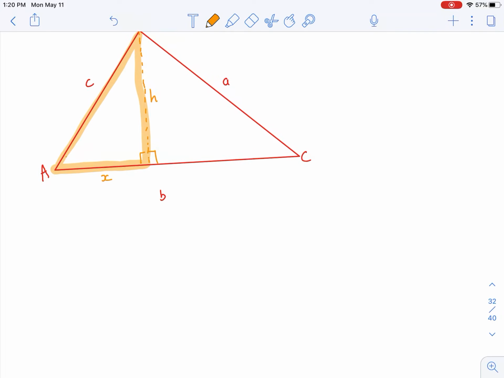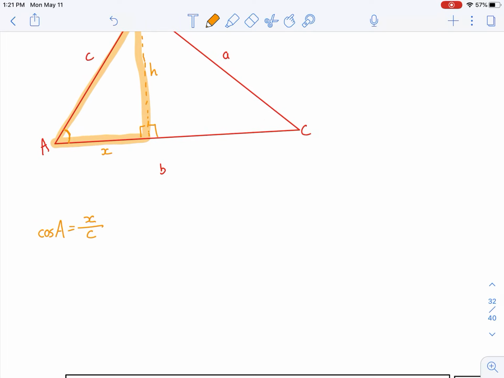So we're working toward the cosine law. I'm going to use cosine to start here. If we're looking at the cosine of angle A, that is equal to, from SOHCAHTOA, the adjacent over the hypotenuse. My adjacent in this case is x, my hypotenuse is c. So we've got x divided by lowercase c, that is side length c.